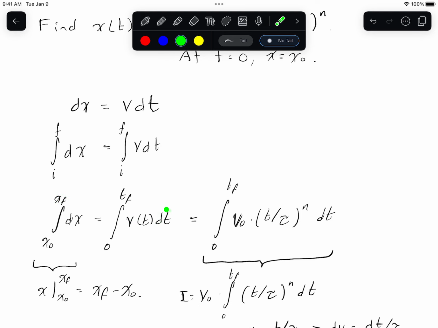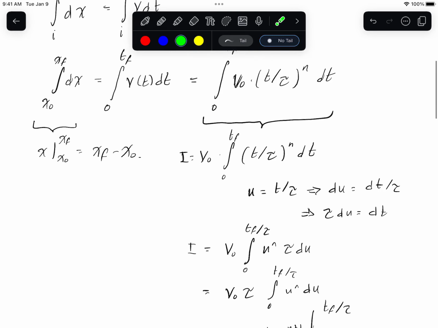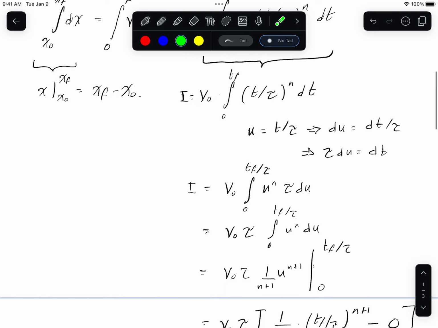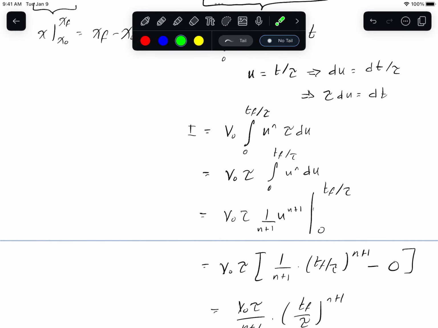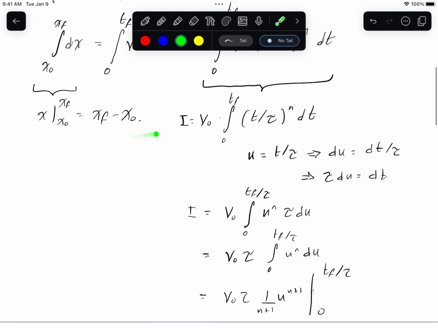On this side, t is my integration variable. At the beginning of the story, t is 0, so I get a 0 here. At the end of the story, it's the final time, tf, so that goes over here, right? And then I go ahead and put this in here. Everything that happened from here and below, all of this stuff, this is me just doing an integral, right? So this is what you're learning in your calculus class.